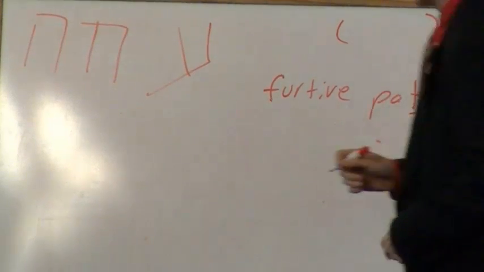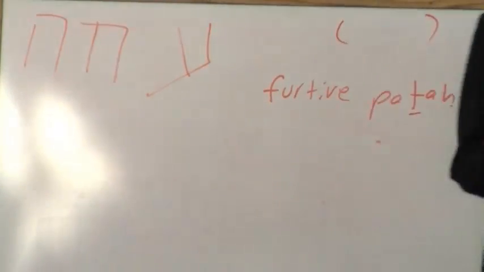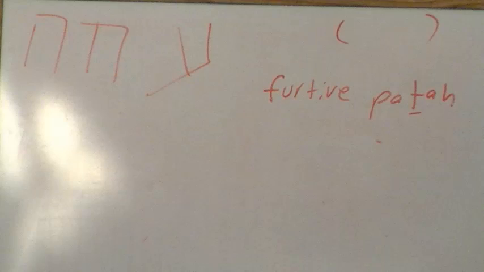What that means is you'll see, I wish he gave an actual example here, a furtive pathak. I'm going to look up the word luach, tablet, in the glossary in the back. So go ahead and go to the back so you get an example of this.